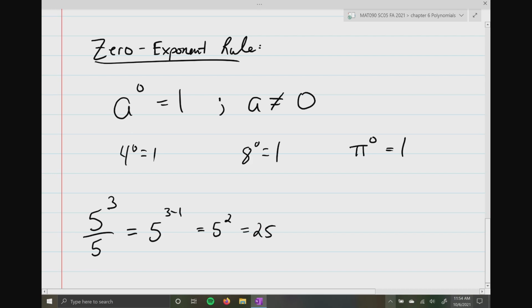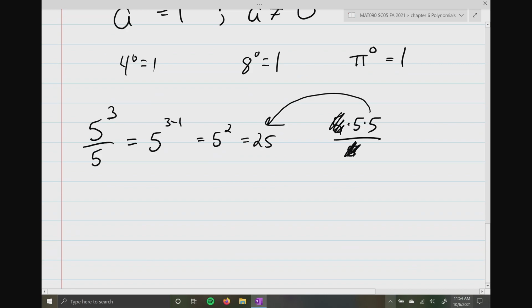Now, if we write out this problem, we would have 3 number 5s in the numerator, and then 1 5 in the denominator. And what you would do is just simplify. So you're left over with 5 times 5, which is 25. Then I said, all right, well, 5 to the second divided by 5. We wrote this out. Reduced. And notice that the answer was 5.